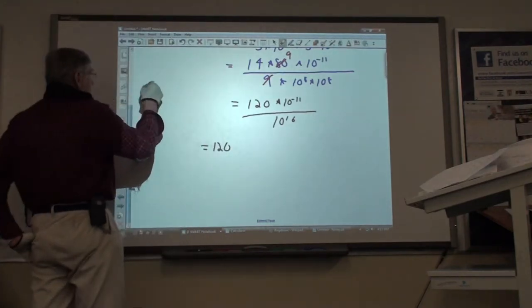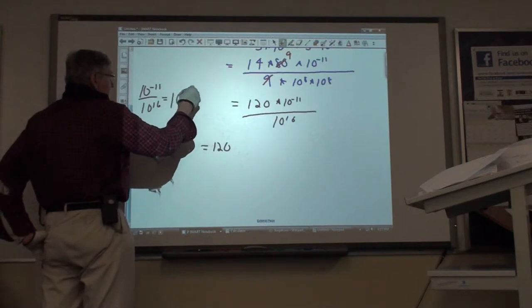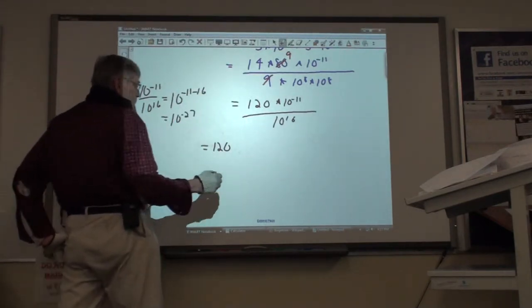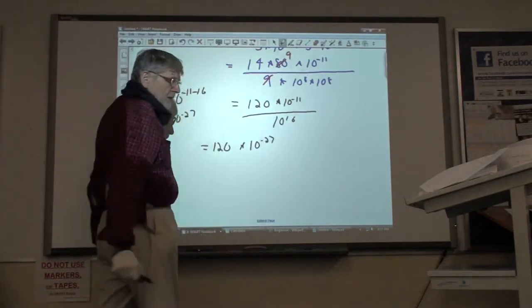Now 10 to the minus 11 over 10 to the 16 is equal to 10 to the minus 11 minus 16, equals 10 to the minus 27. So it's 120 times 10 to the minus 27.